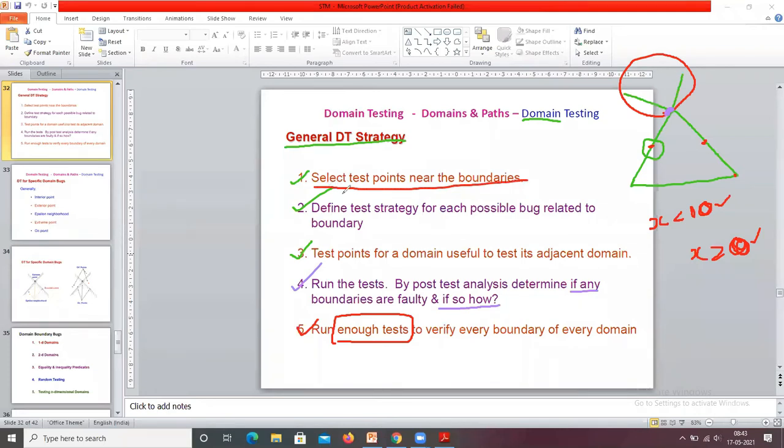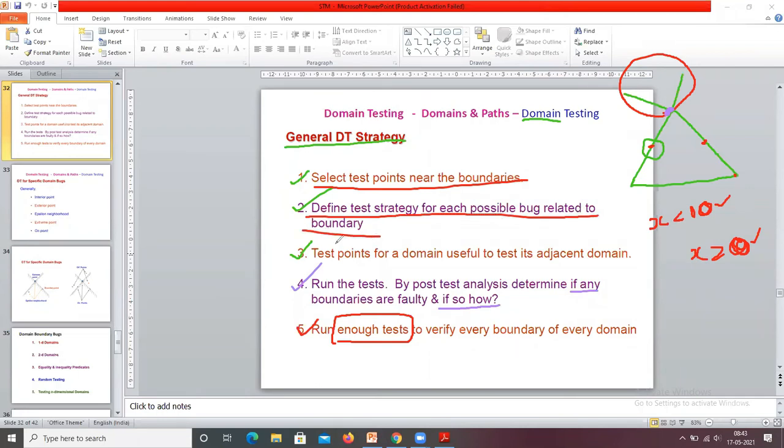That is the first step. The second step is to classify what can go wrong with boundaries, then define a test strategy for each case and pick enough points to test for all recognized kinds of boundary errors. So define a test strategy for each possible bug related to the boundary.